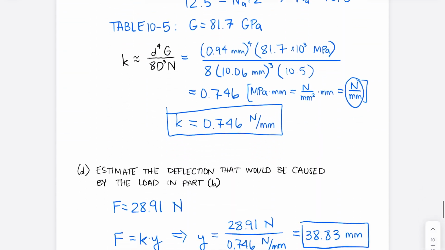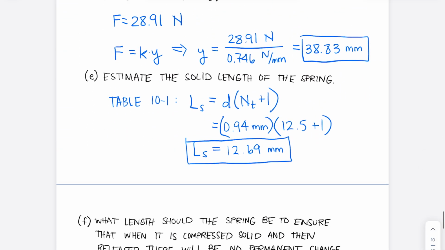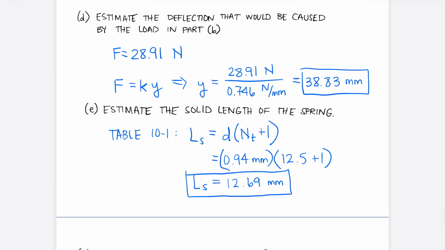And then we took that load and we found the corresponding solid length of the spring. And we found in part D the deflection caused by this load. So all we need to do is make sure that the free length of our spring is greater than this deflection that would be caused by the load plus the solid length of the spring.